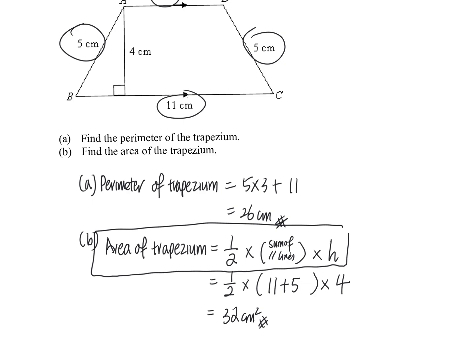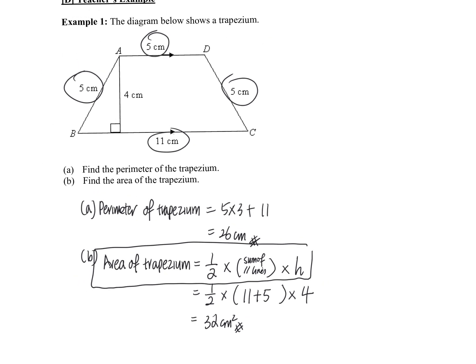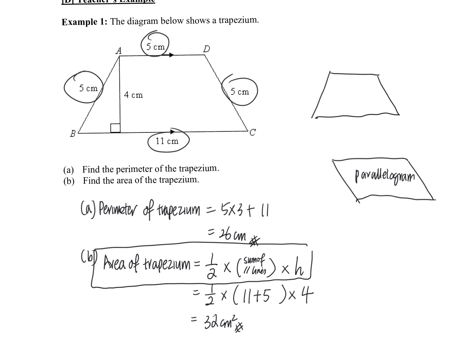Perimeter is nothing new. So what's the difference between a trapezium and a parallelogram? Name me something that you can see. One difference. A parallelogram is like a rectangle but slouching.